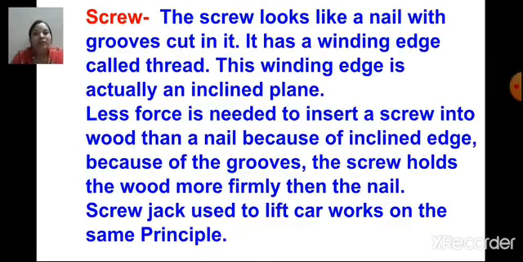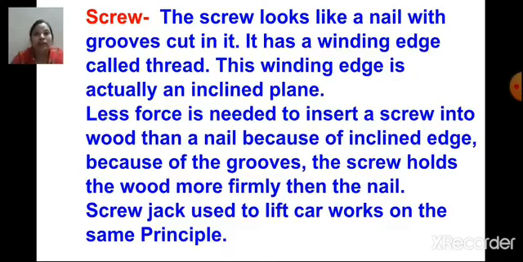When you fix a screw inside two wooden planks, it makes the thing very tight. It cannot be removed easily. Now, the screw looks like a nail with grooves cut in it. As we saw, the grooves have a winding edge called thread.